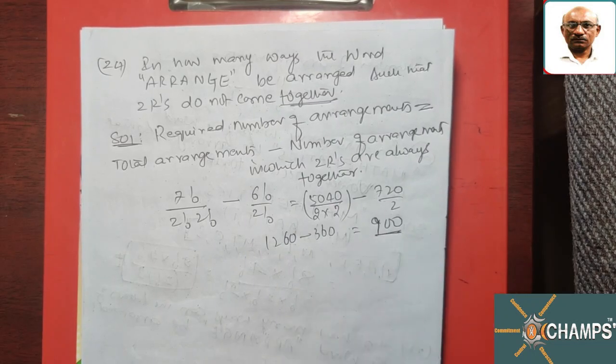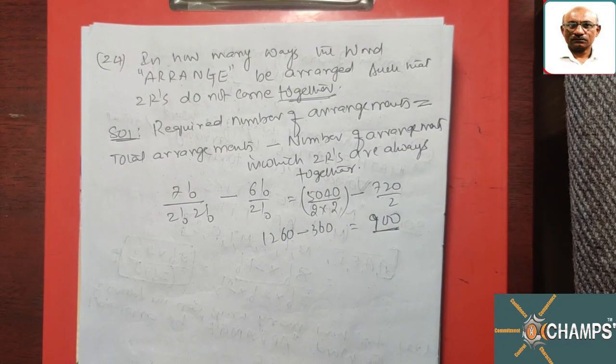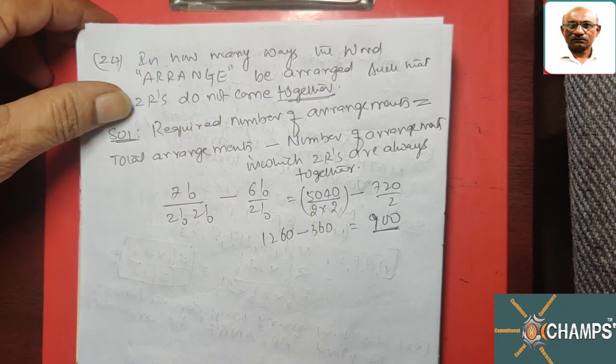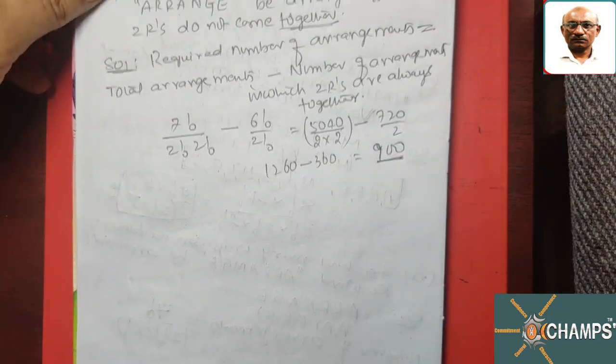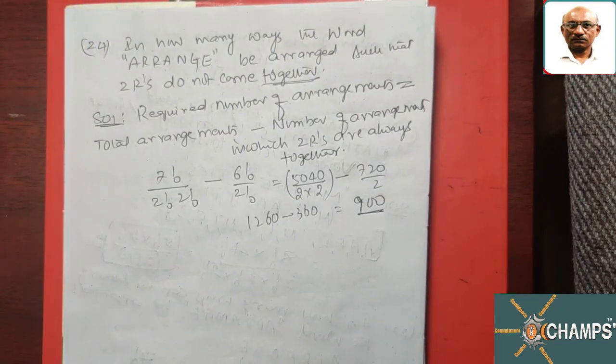Answer is given in numbers, so I simplified this. 900 is the answer for the given question. Okay, sir.